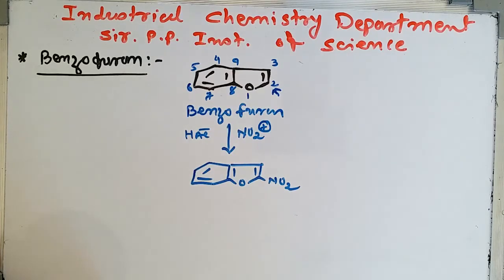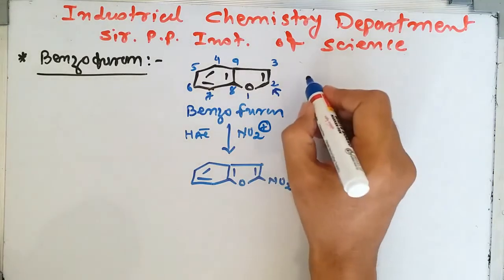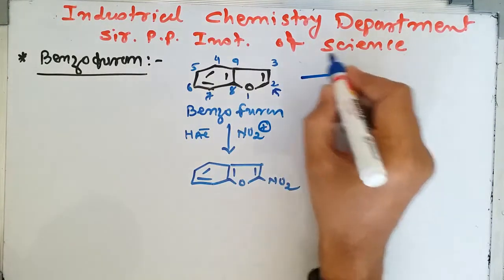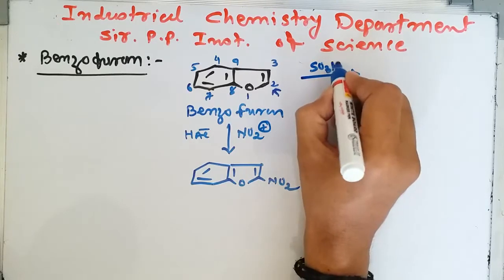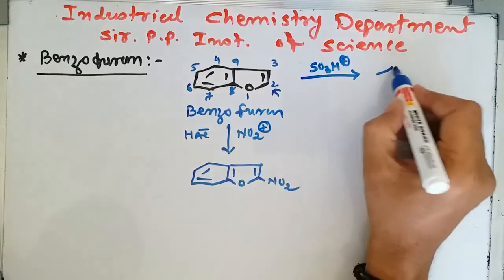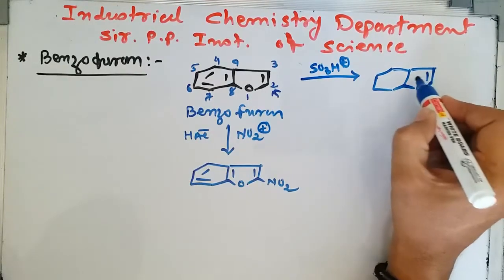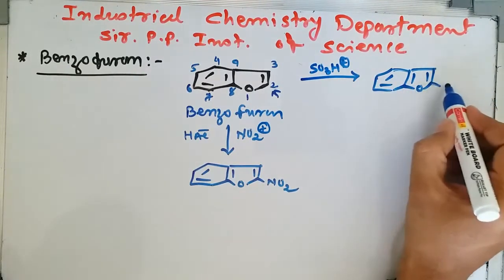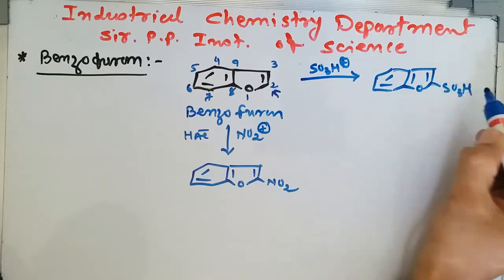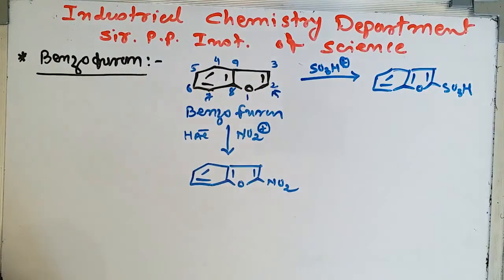When sulfonation takes place, then the 2-substituted sulfonic acid derivative, benzofuran-2-sulfonic acid, is obtained.